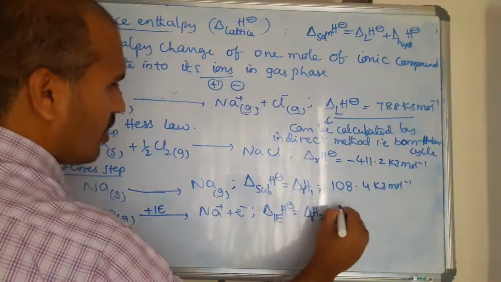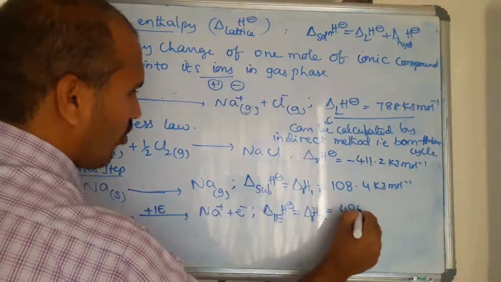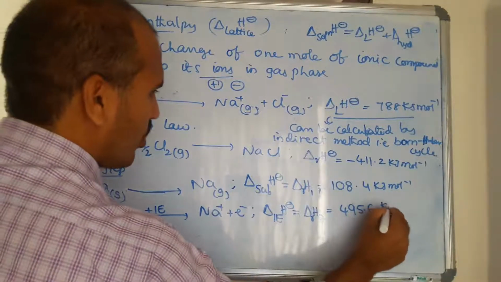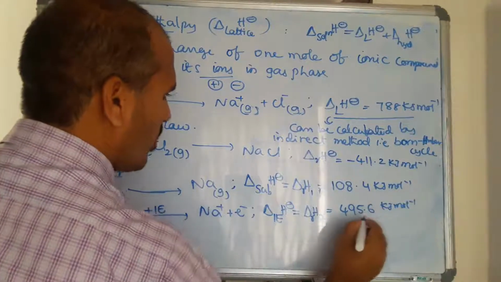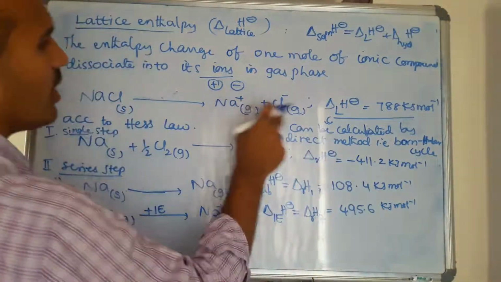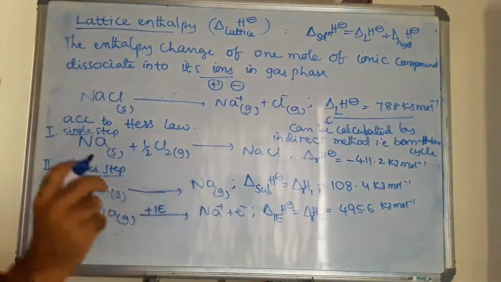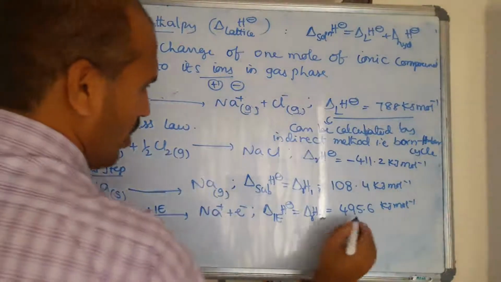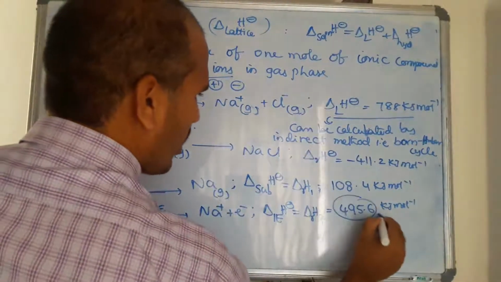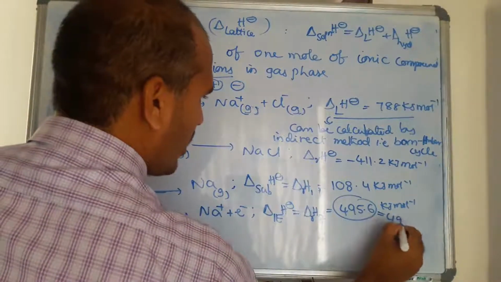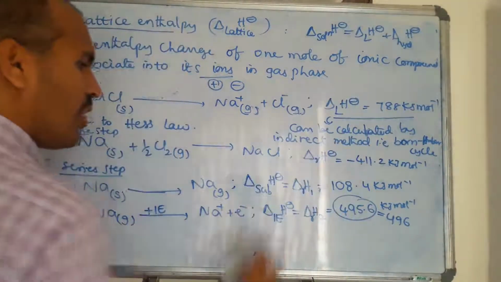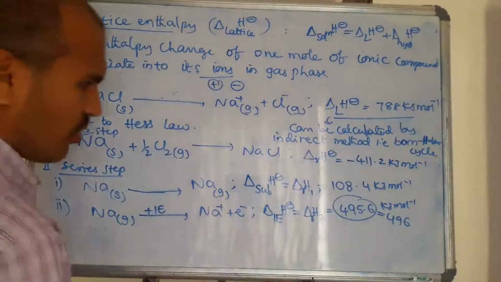Second, this value is 495.6 kilojoule mole inverse. If you take 0.6, then you will get the answer 787.6 something. If it is rounded off to 496, then you will get 788. So it depends on what you are taking.